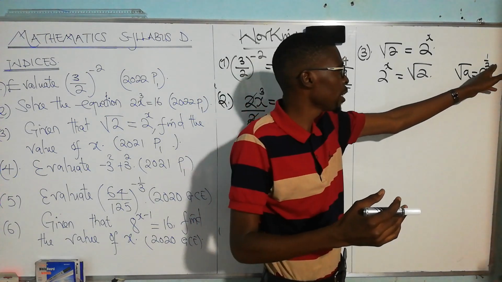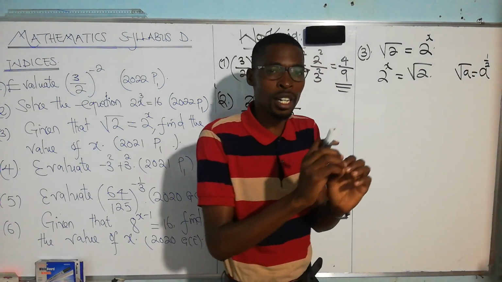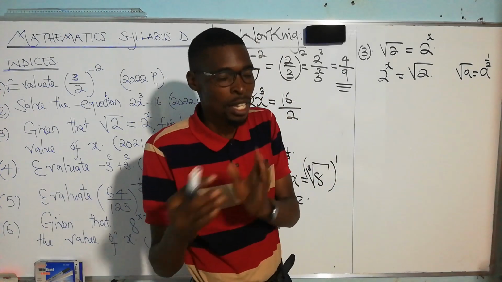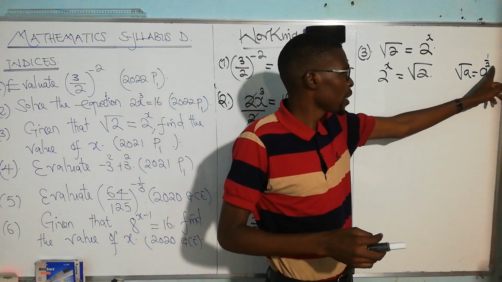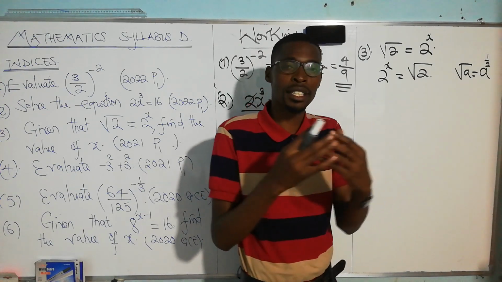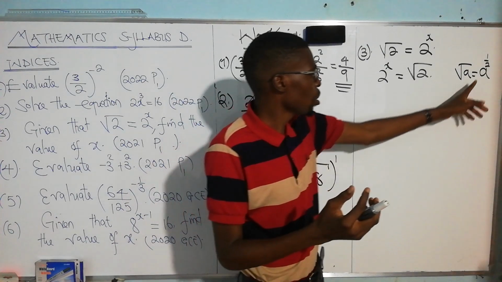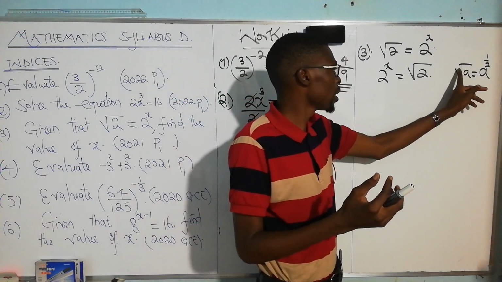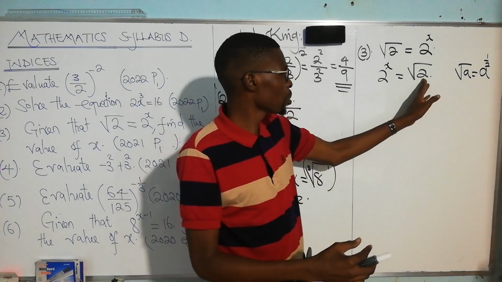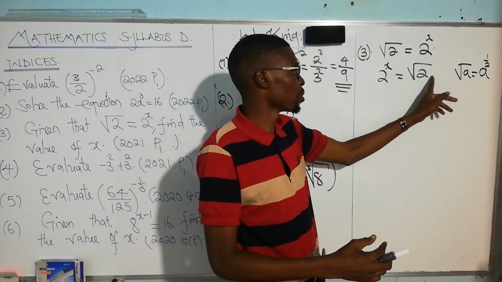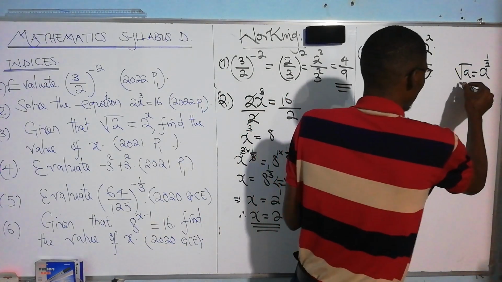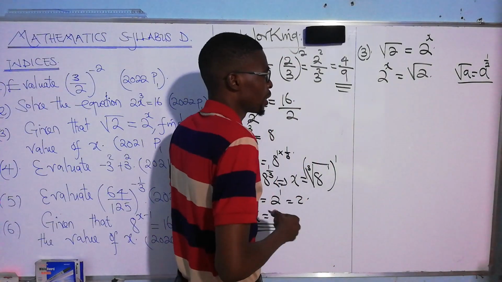When you have a 3 as a denominator in your fractional exponent, the denominator will be the root, and the numerator is the power or exponent. So a to the power 1 over 2 means second root, which is called square root. So square root of 2 means 2 to the power 1 over 2, or 2 to the power 1 over 2 means square root of 2. So we are using this particular rule of indices.